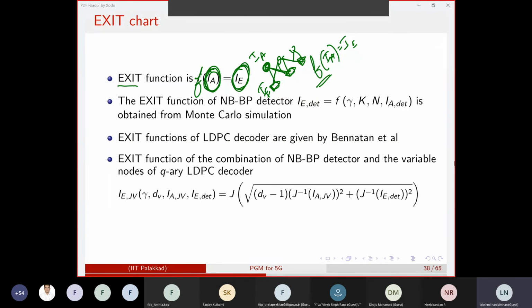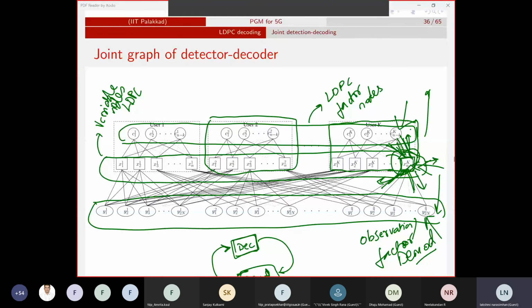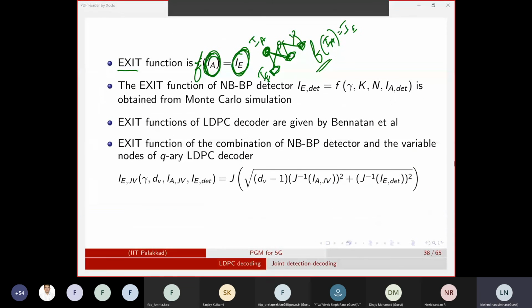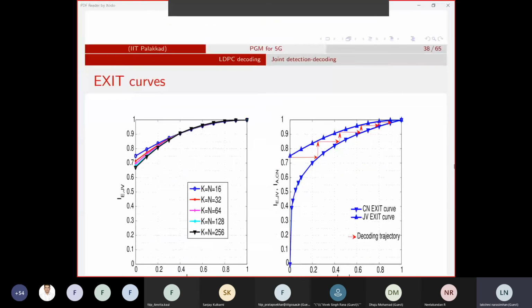So when we combine two different graphical models like this, we can also learn how much information is processed by this set of nodes and how much information is processed by these sets of nodes. Here we have a way of combining two different graphical models and identifying how the information is being transferred from one set of nodes to another.